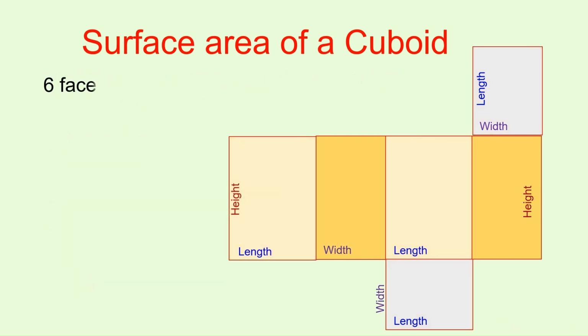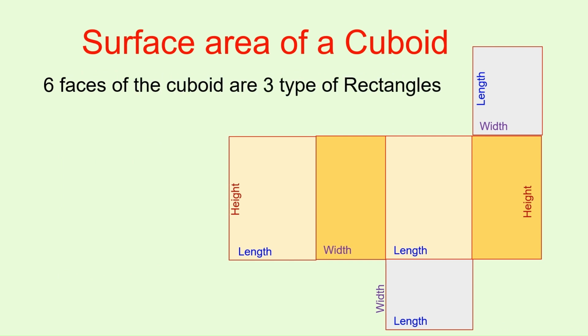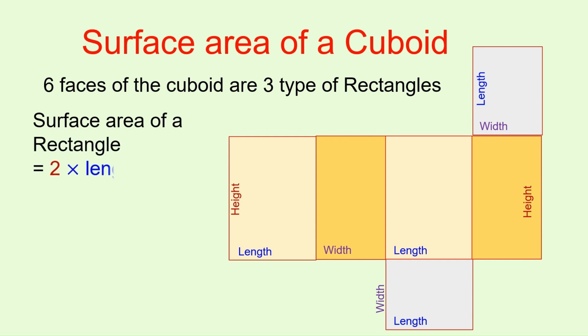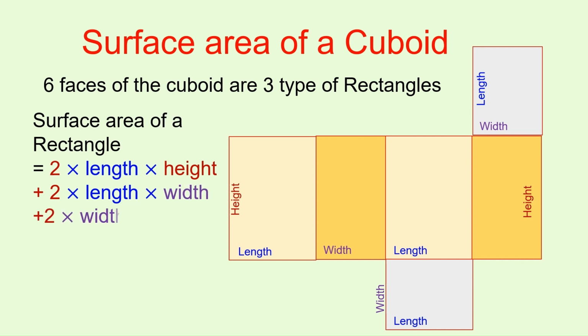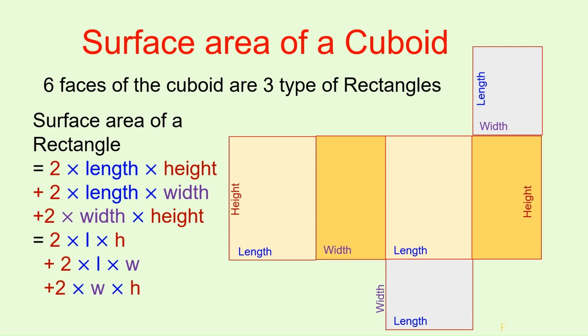Depending on the length, breadth, and height, the faces are of three types of rectangles in shape. Surface area of a cuboid equals 2 times length times height, plus 2 times length times width, plus 2 times width times height.